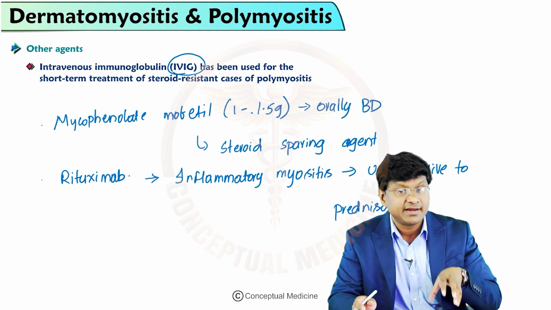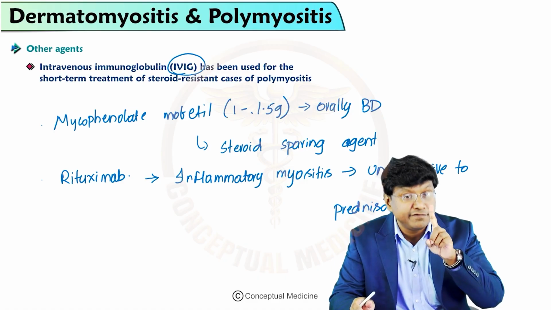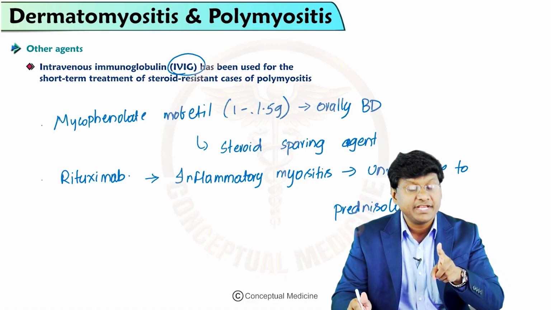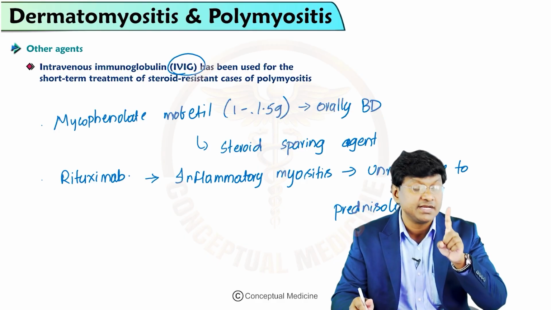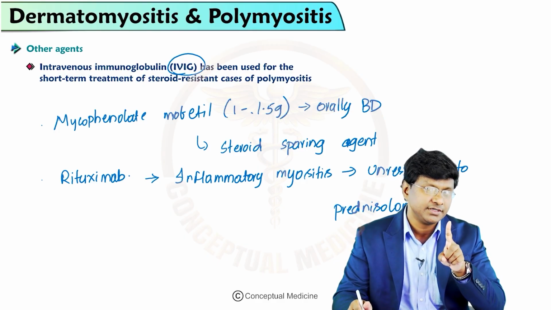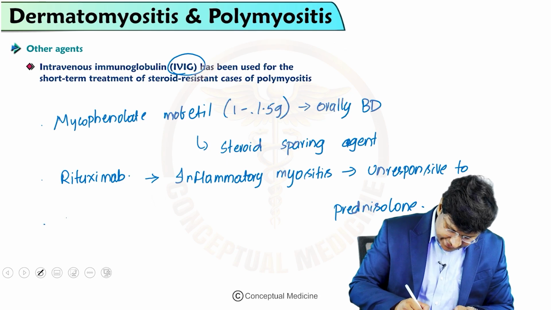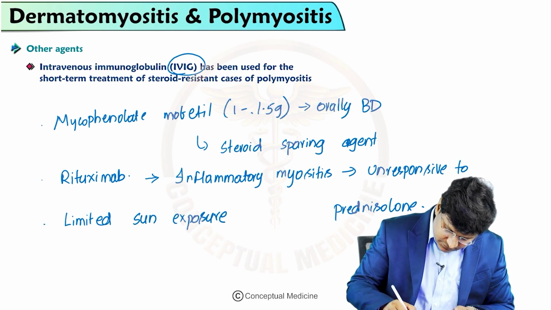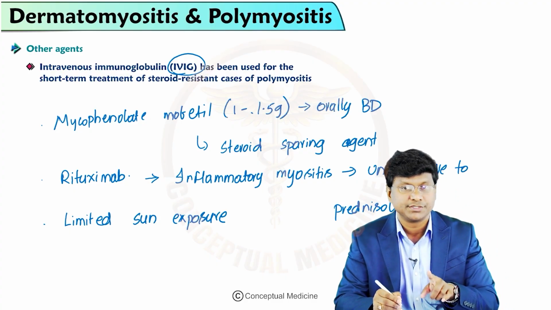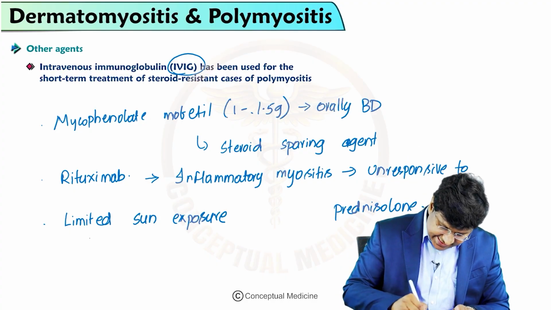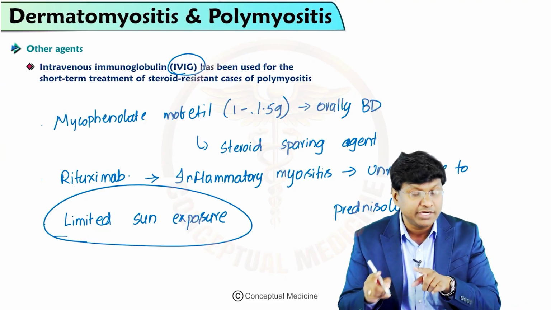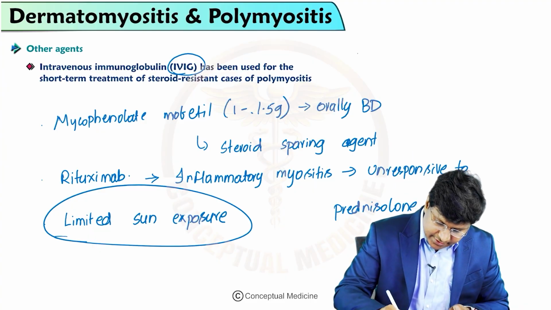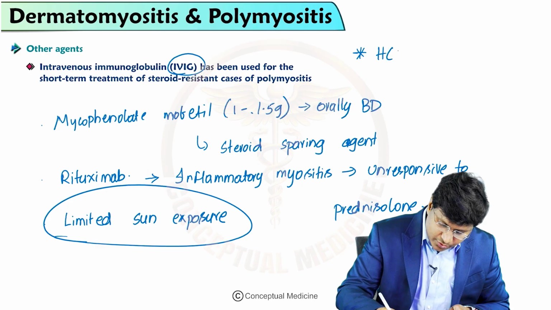And this particular rash of dermatomyositis is often photosensitive. So patients should limit the sun exposure. Very, very important. And for the skin manifestation, you can also give hydroxychloroquine.